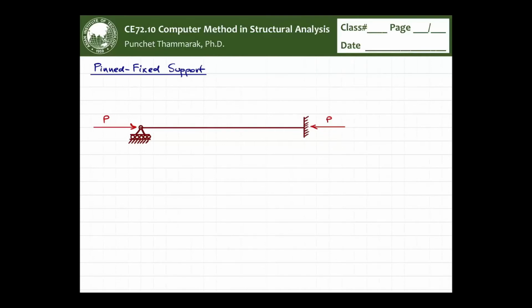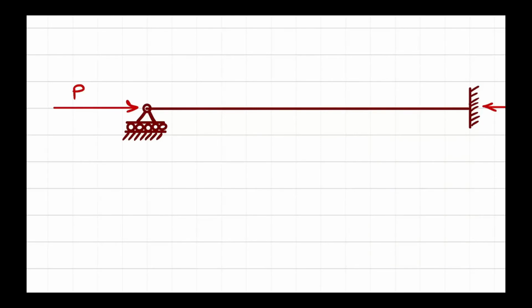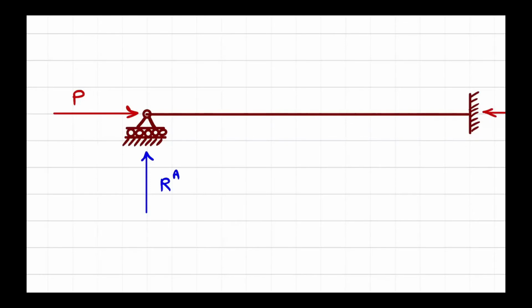So over here, this time I think we can expect RA could be there, right? Nothing guarantees that moment. First of all, at the pin you don't have moment. At that right end you have moment. So nothing is going to balance except just the shearing force. So it will come in.